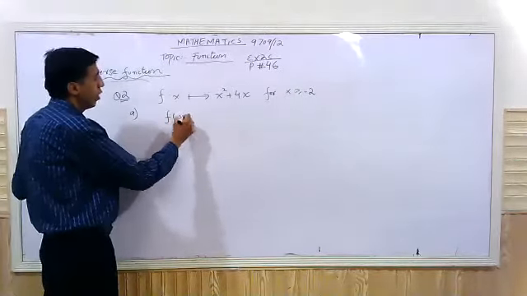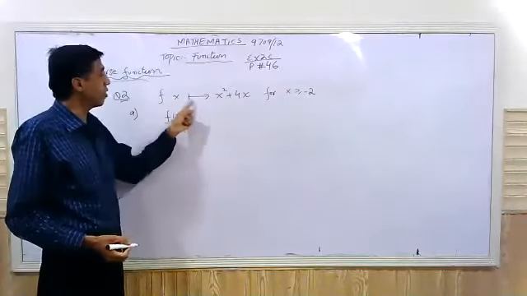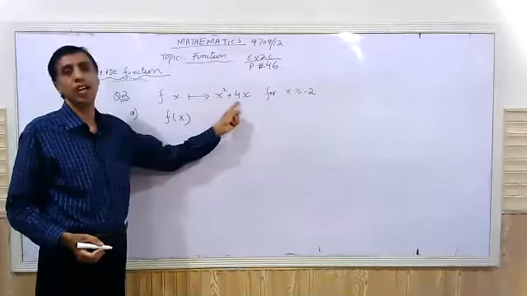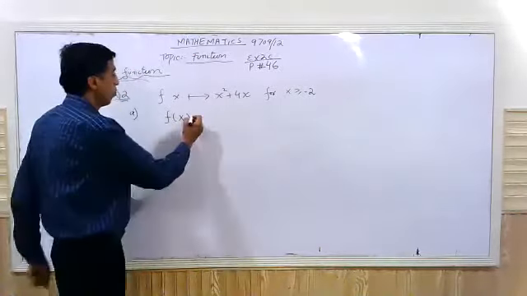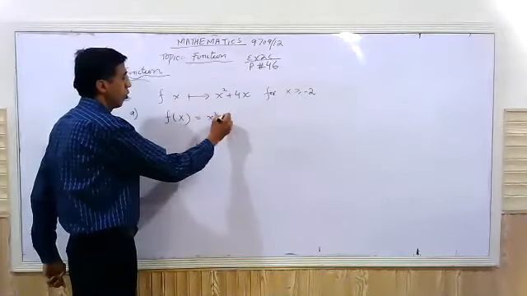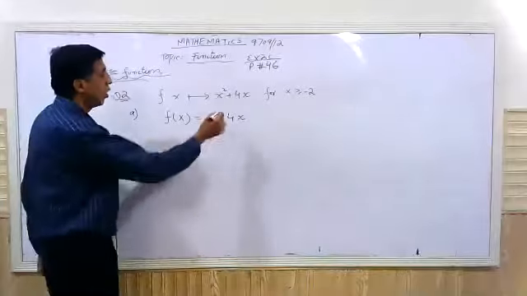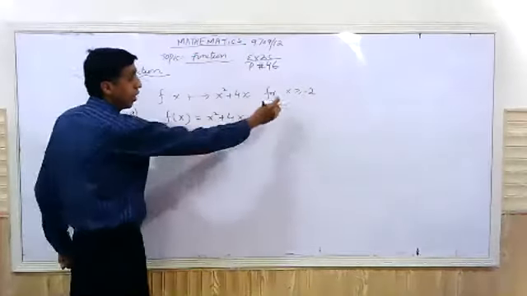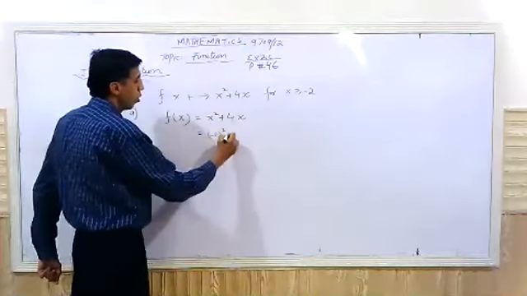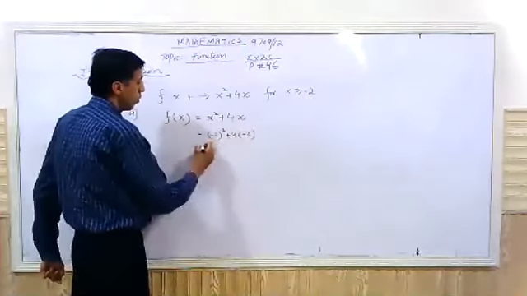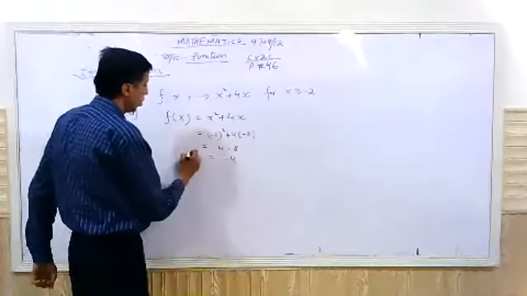Here f such that x is a function of x square plus 4x. First of all, we have to write it in the equation form, y equals x square plus 4x. Now, the domain is x greater than or equal to -2. Keep -2 and we get -4.